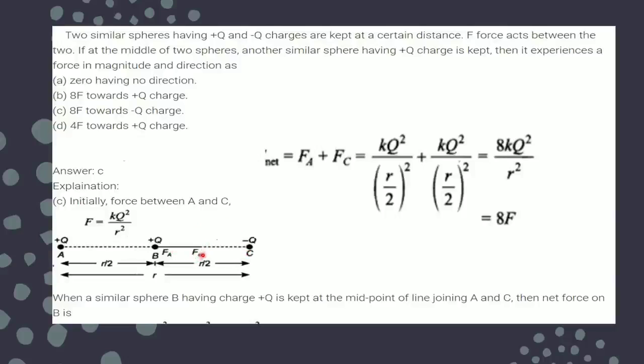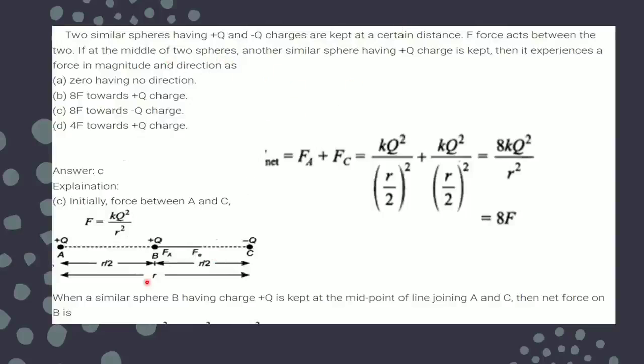So both the forces are coming in the same direction, because of A and because of C, so they have to be added up. So you can simply take the formula for the force. Distance is already shown in the diagram, because they are saying it is kept in the middle.